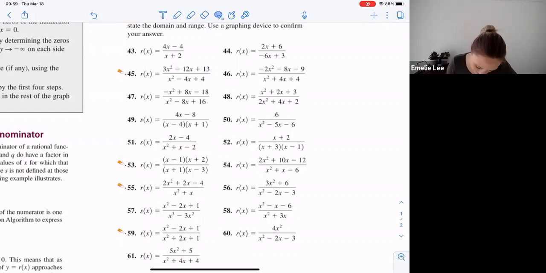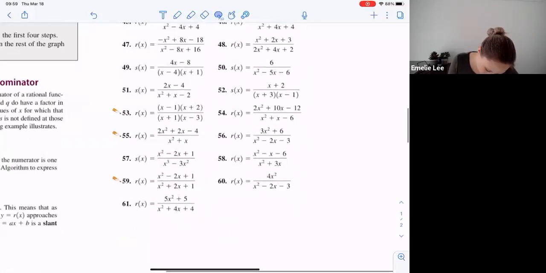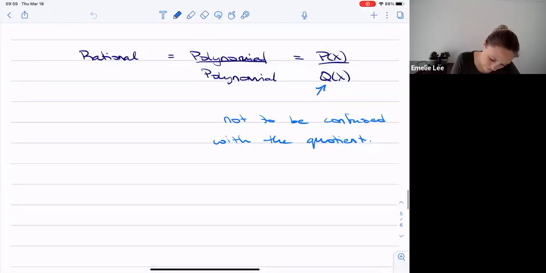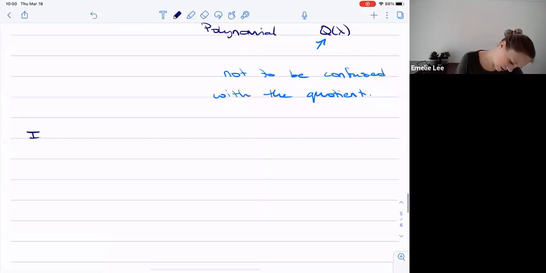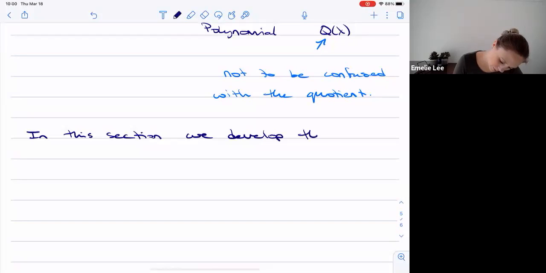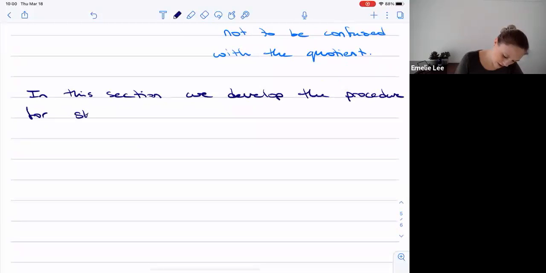And so let's see here. How about I just grab this last one just to talk about. Okay, so in this section, we develop the procedure for sketching the graph.